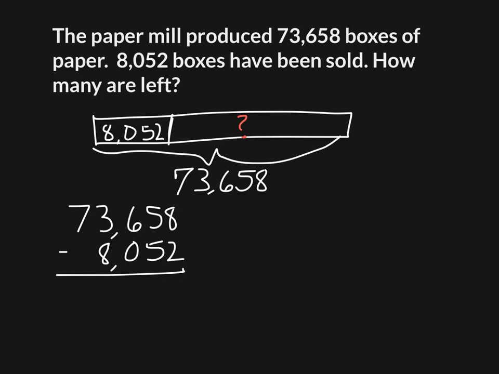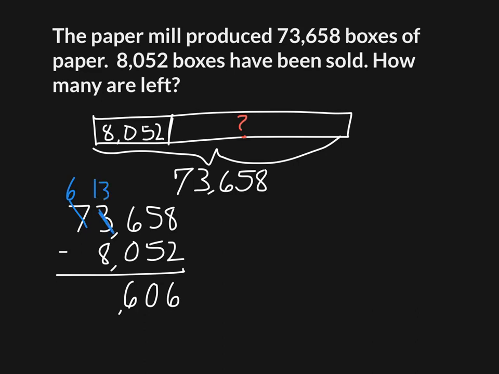8 minus 2 is 6. 5 minus 5 is 0. 6 minus 0 is 6. 3 minus 8, now this is where I have to do some regrouping because 8 is larger than 3. So I'm going to take one of these 10,000s away, so now it becomes 6 10,000s, and I'm going to turn that one 10,000 into 1,000s and put them together with the 3 that I already have.